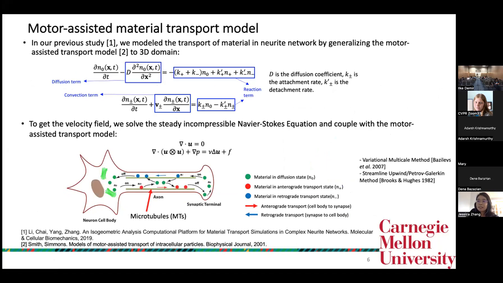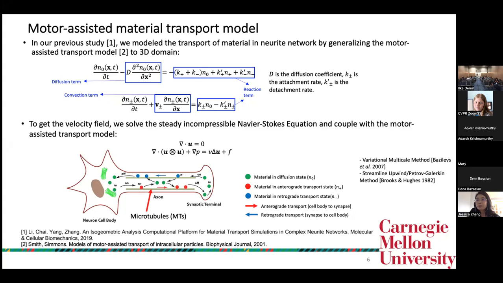In our earlier study, we extended this 1D model to a 3D domain and solved this reaction convection diffusion problem. In addition, we also model the velocity, V plus minus, in a more accurate way. In the 1D model, people just assume a constant velocity. But here we build another Navier-Stokes equation solver to compute the velocity and couple it with the reaction convection diffusion.